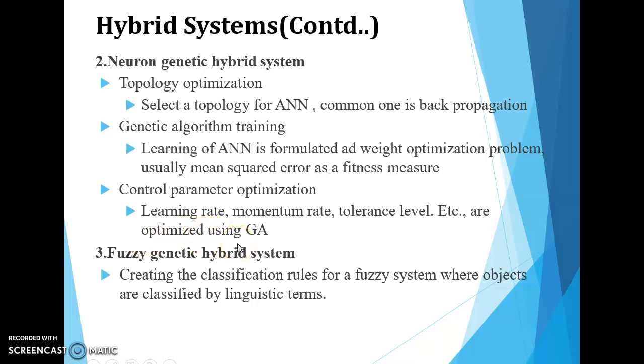The last hybrid system is the fuzzy genetic hybrid system, creating the classification rules for the fuzzy system where the objects are classified. After that, you feed the fuzzy system output to the genetic algorithm.